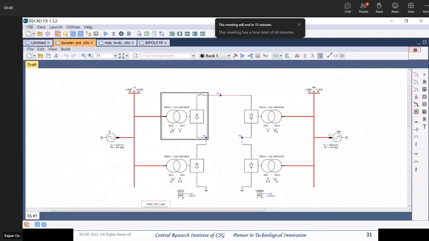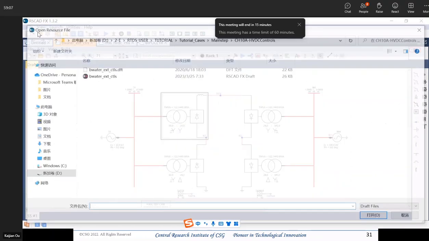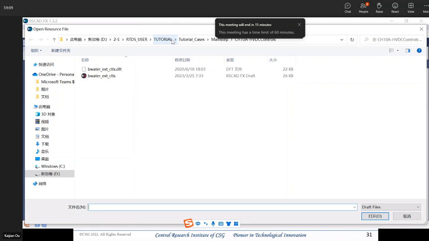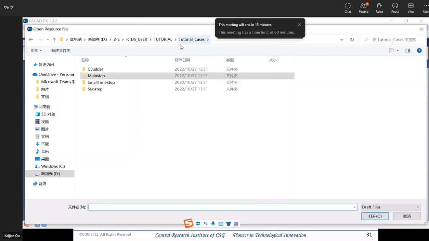This is ASCAD for the RTDS model. Perhaps this is not free. If you have RTDS, you have ASCAD. We can note here RTDS ASCAD. You can see also many kinds of simulation models here.